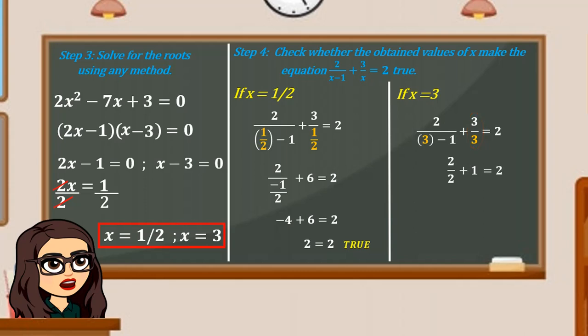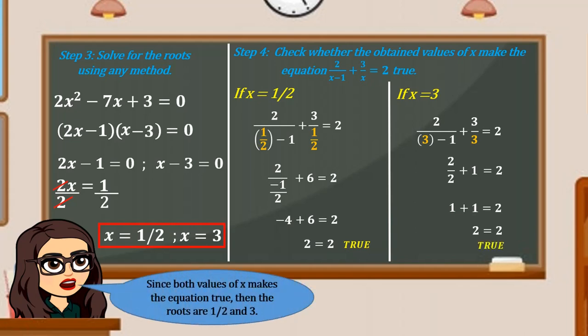Then copy equals 2. So 2 divided by 2 is 1. Then bring down plus 1 equals 2. So 1 plus 1 is 2, and 2 is equal to 2. So since both values of x make the equation true, the roots are 1/2 and 3.